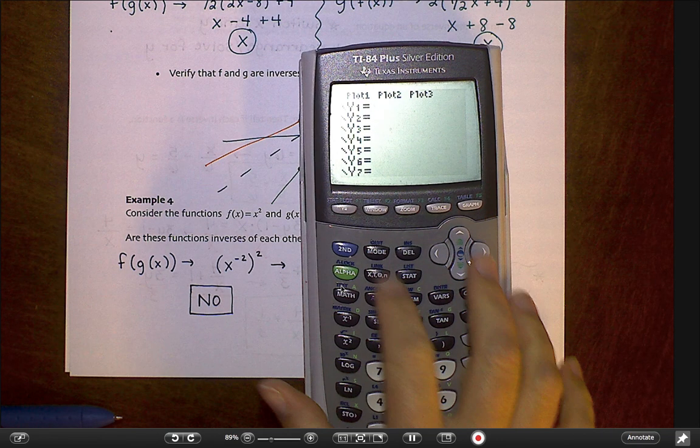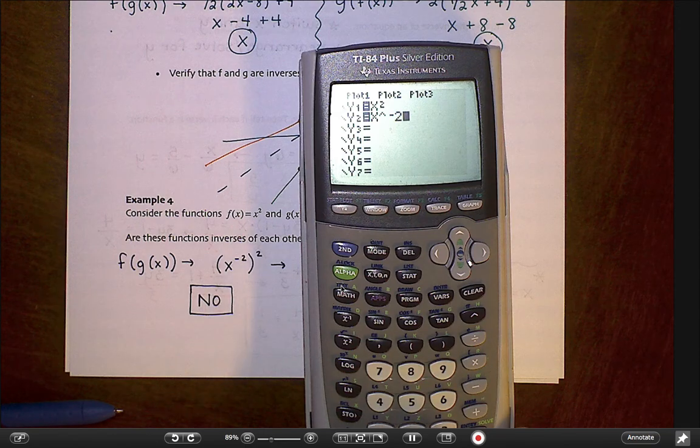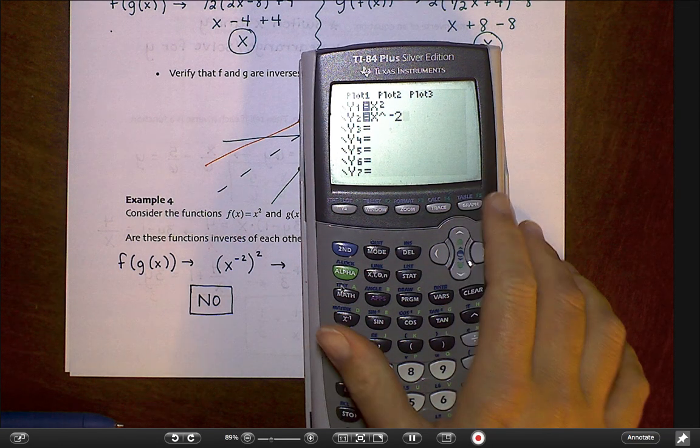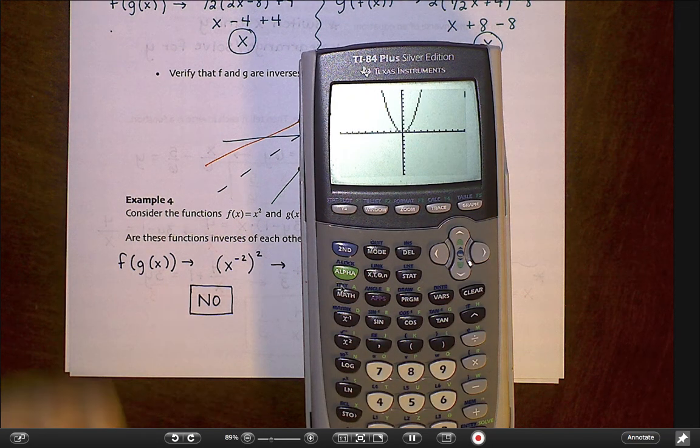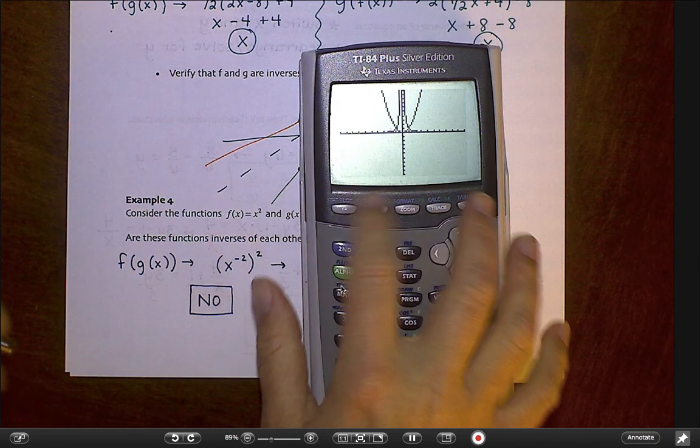So I could graph x squared and x to the power of negative 2 and take a look at these things on the graph. So there's my friend x squared, the parabola, okay? Here's x to the power of negative 2. Clearly those two things are not a reflection over that diagonal line. And I know it's hard to tell one from the other.